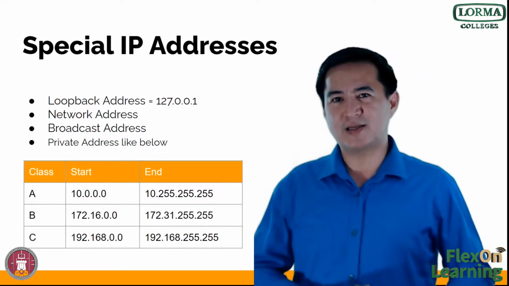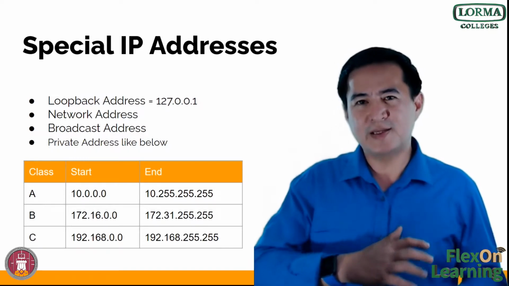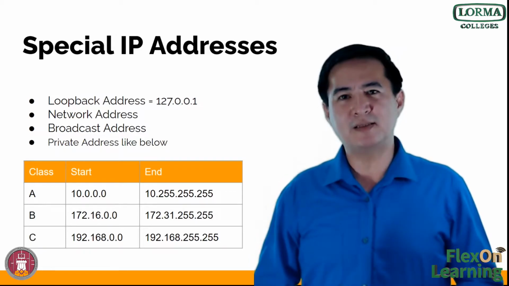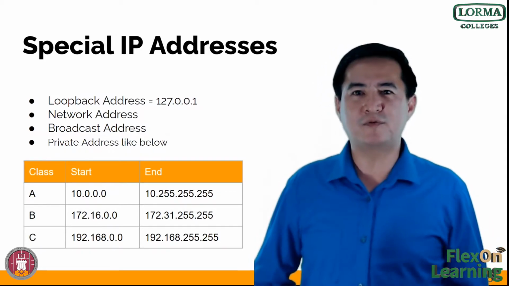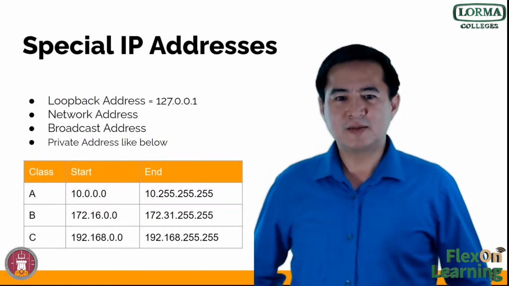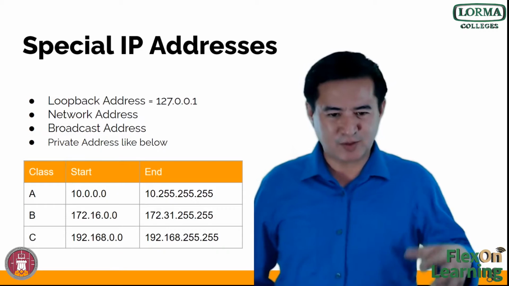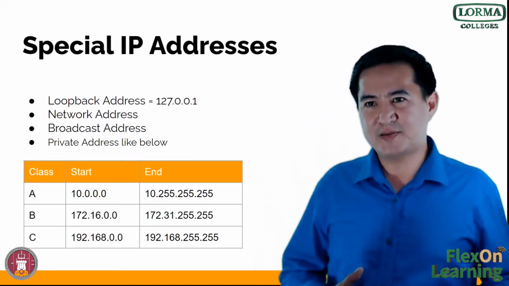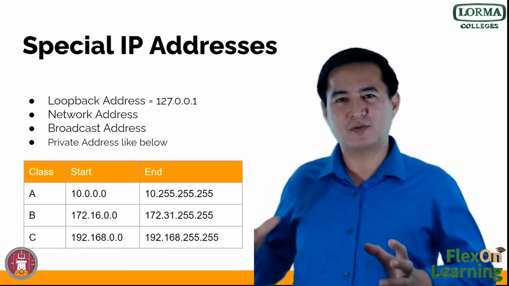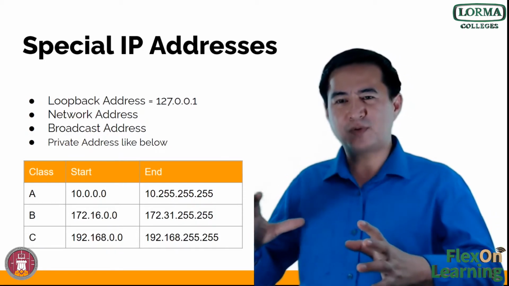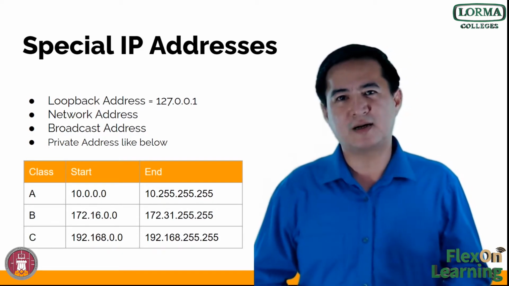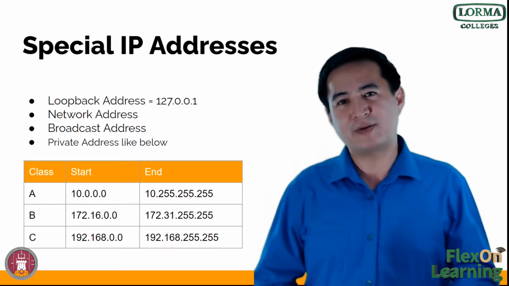And the broadcast address is something you use to send a message to all the computers in the network. A typical example is the limited broadcast 255.255.255.255. And of course, we have private addresses like the ones below. These private addresses are the ones you use in your local area network. So if you're going to have a computer shop and you have 10 computers, then you will be using these local or private IP addresses.